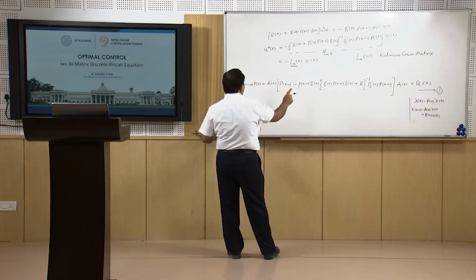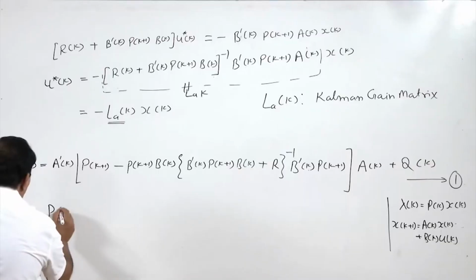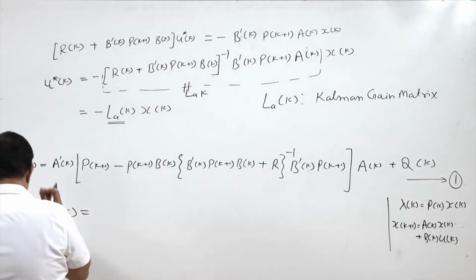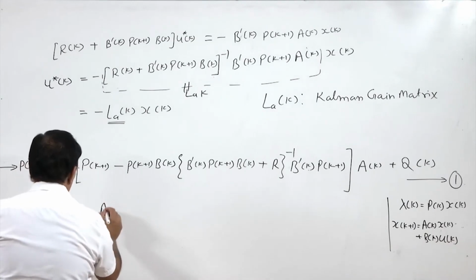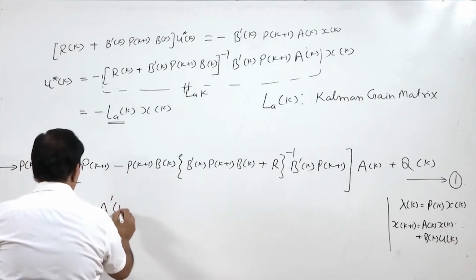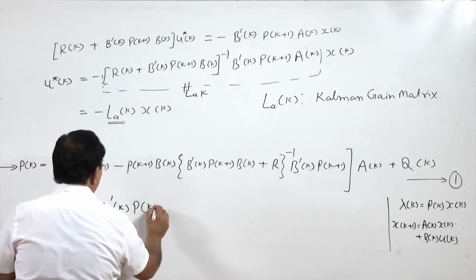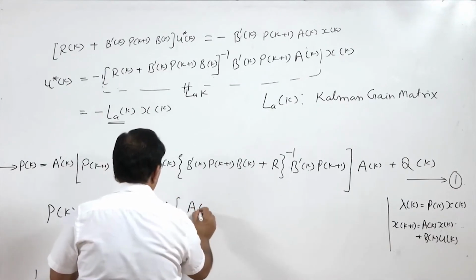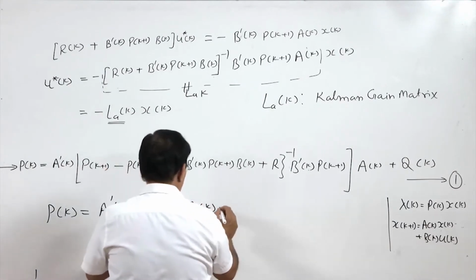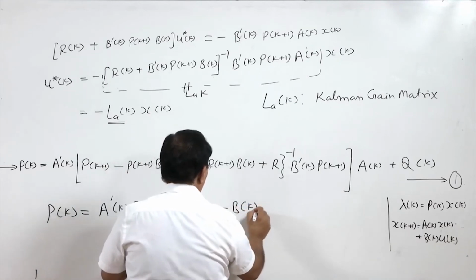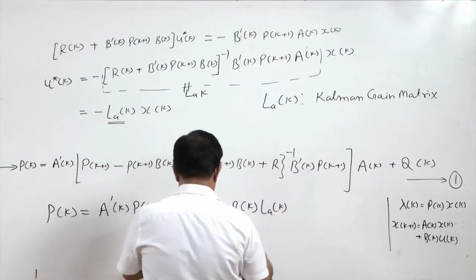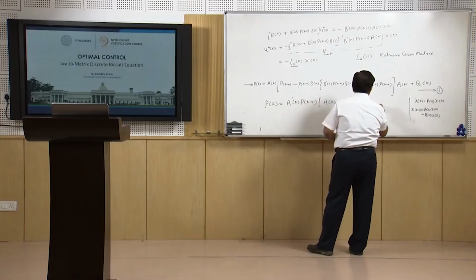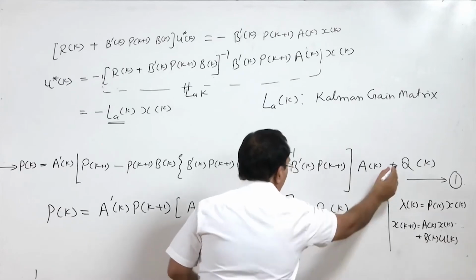So, if we simplify this P(k), it can also be represented in the form, you can simplify this, and it should be plus Q(k), the last term.